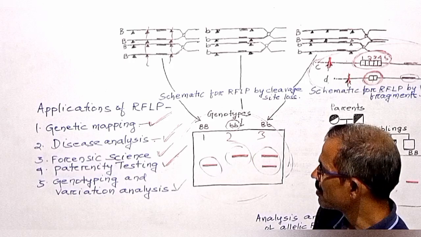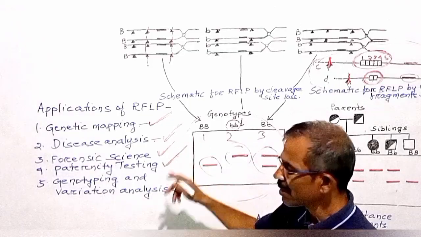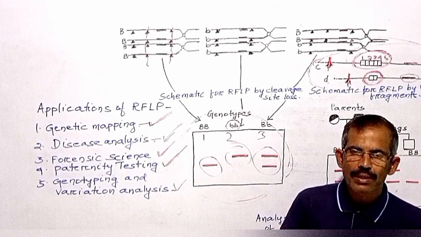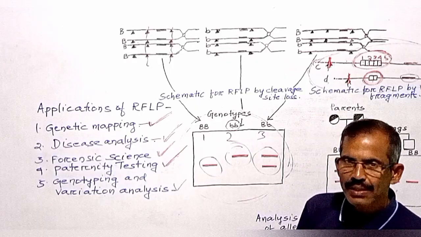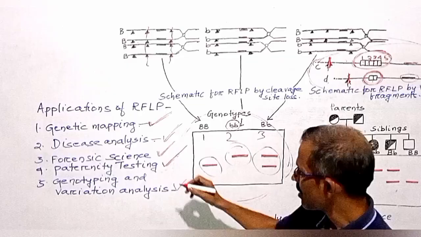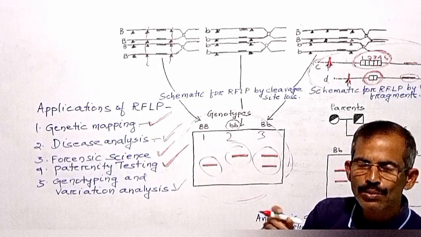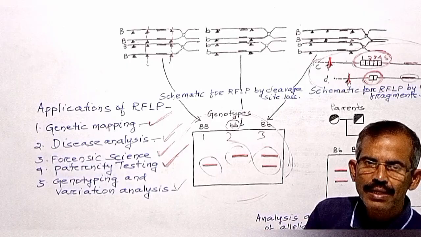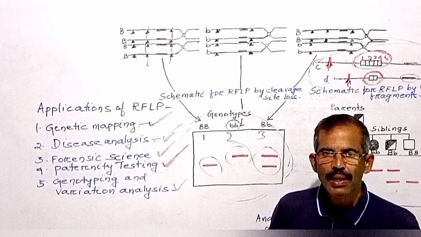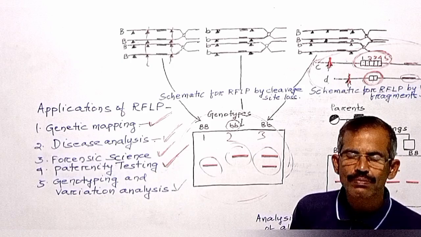Apart from this, RFLP is also used in forensic science for DNA fingerprinting to identify individuals from DNA samples. In addition, this technique is also used in paternity testing to determine biological parentage and also to study genetic diversity within and between species. Friends, this is all about restriction fragment length polymorphism.